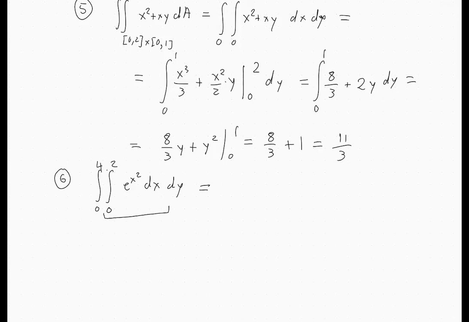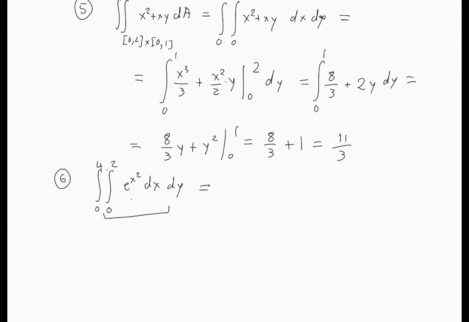Because yes, e to the x squared has a perfectly fine antiderivative. The problem is that it's not expressible using functions that we know, so we get stuck right there. Not every function has a formula in terms of our usual functions. So that's a problem.